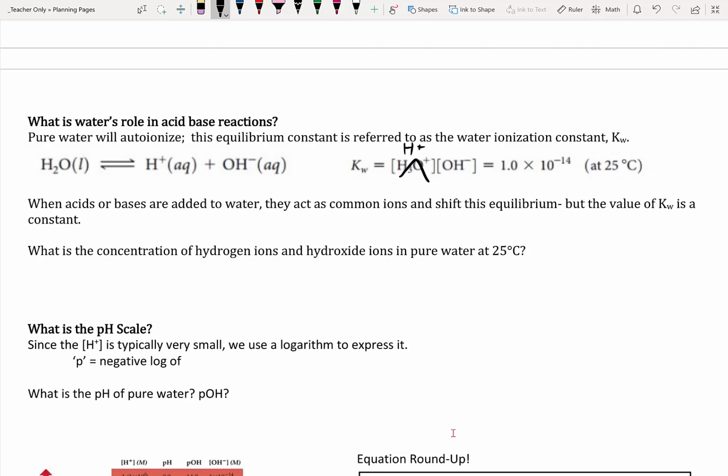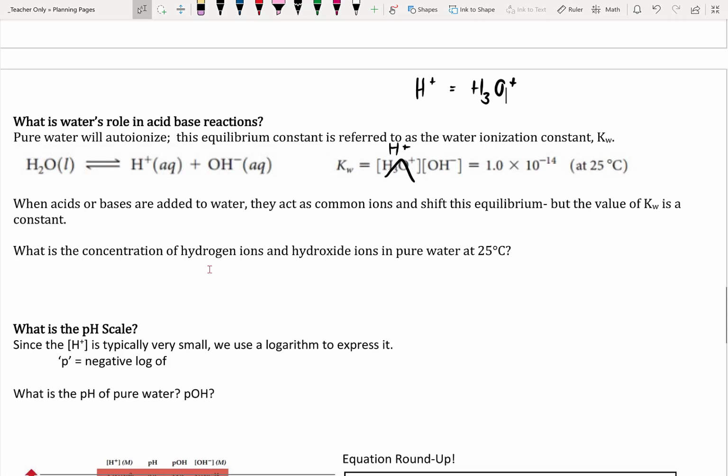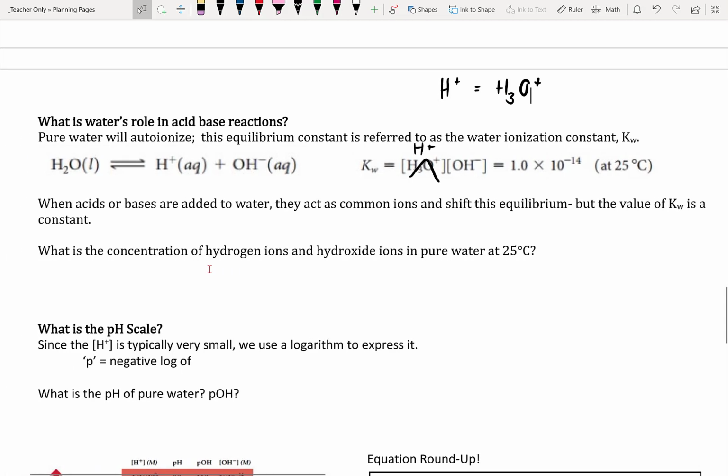Okay, but know that H plus and H3O plus are used interchangeably in chemistry. It's just whether it's bonded to a water or not. I think H3O plus is slightly more accurate. Okay, that is what happens more often. But H plus is shorter, so we do tend to use it.